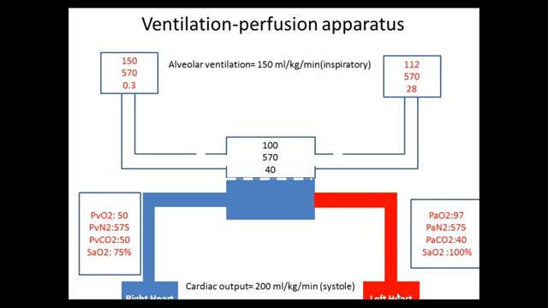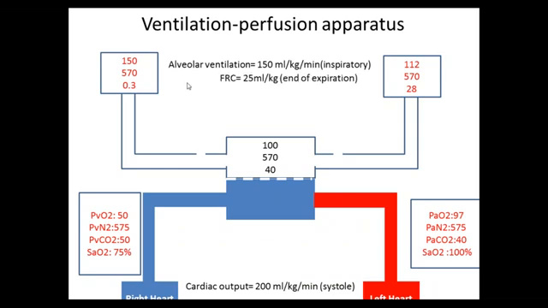If you multiply that by heart rate, you will get the cardiac output, which is around 200 ml per kg per minute. So the ratio between the ventilation, 150 ml per kg per minute, to the blood flow or cardiac output, which is 200 ml per kg per minute, you will get a ratio around 0.8, which is normal VQ match between perfusion and ventilation.